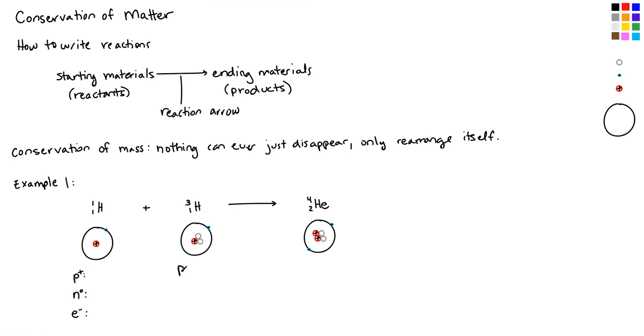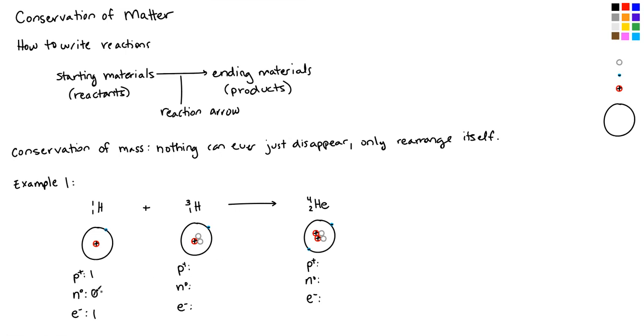So let's do the same thing with all of these here. So here's going to be our protons, our neutrons, and electrons. And protons, neutrons, and electrons. Okay. So over here, let's just count these up. So I have how many protons? Just the 1. How many neutrons? 0. And how many electrons? 1.